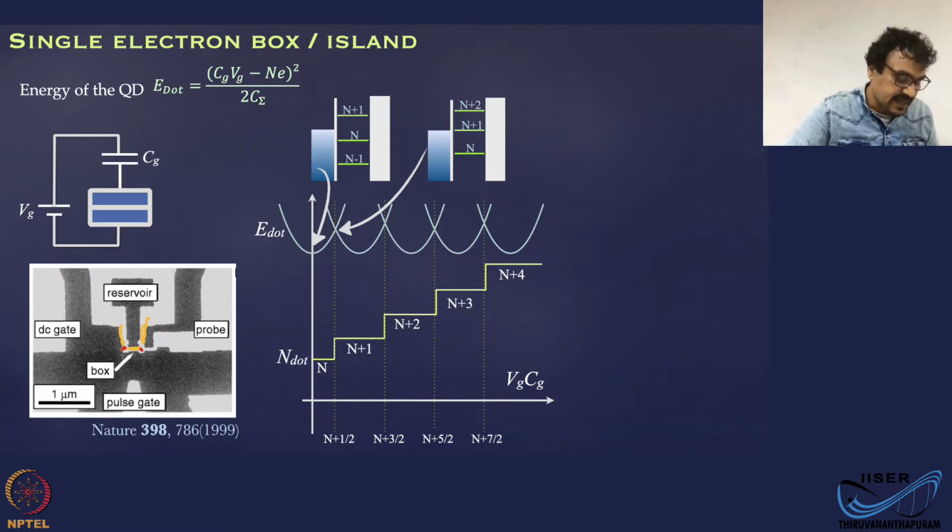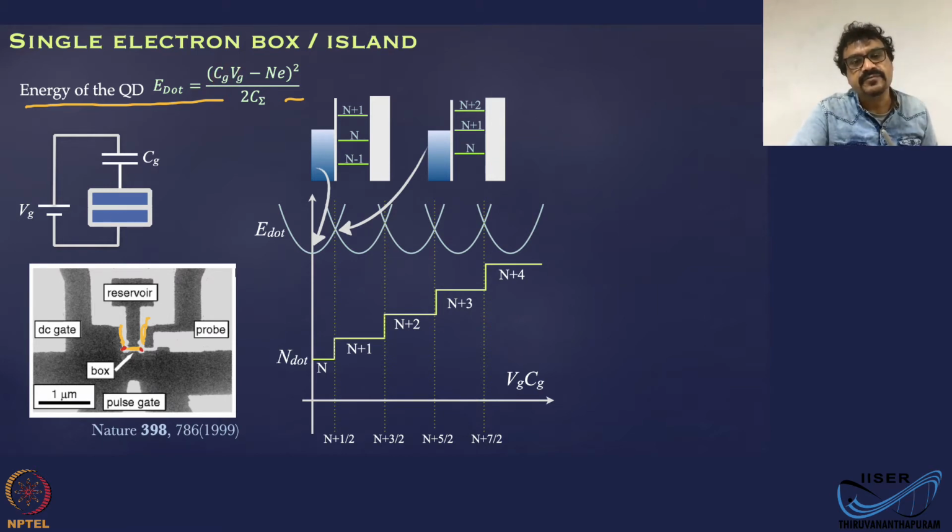So the total electrostatic energy of this island is given by this expression, where Ne represents the discrete number of electrons present and CgVg represents the induced charge. This is of the form Q squared by 2C sigma. That is the charging energy, or the electrostatic energy of the quantum dot with an effective total charge of CgVg minus Ne.